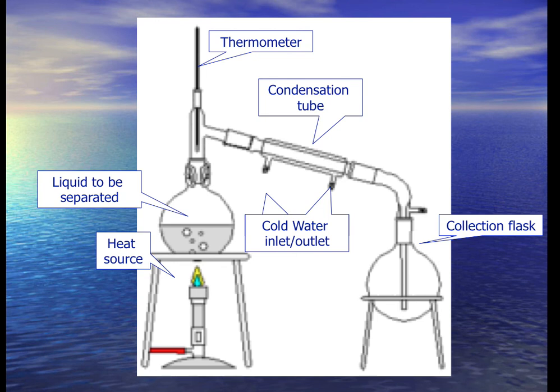And notice it's at an angle, so those droplets can run down the tube using gravity and then drip into your collection flask. And then you will have the alcohol in the collection flask, and you would have water in the bottom flask that is being heated.